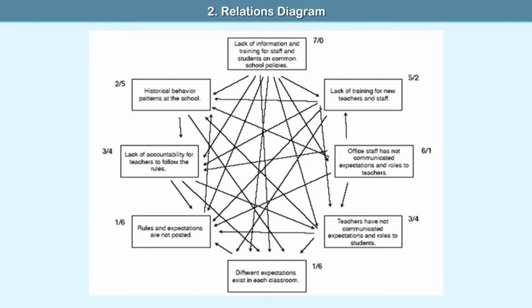Using this tool will help teams know what action they need to take first to solve the problem they are facing.